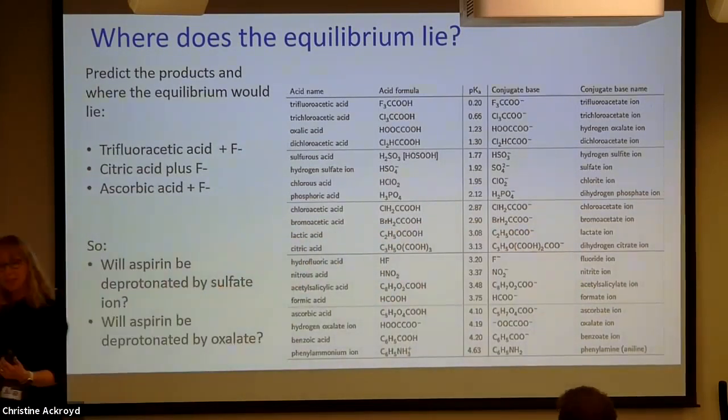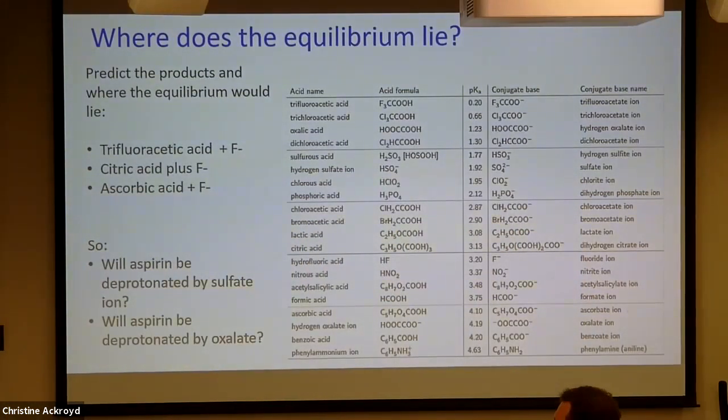Or we can simply look at the pKa values and figure it out. If citric acid has a pKa of 3.1 and HF has a pKa of 3.2, which one is stronger? The lower the pKa value, the stronger the acid. So this is a stronger acid, which makes this my weaker acid.